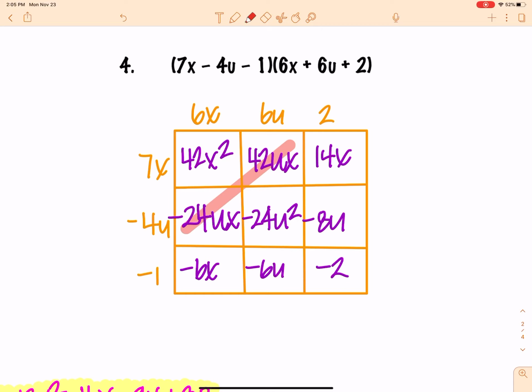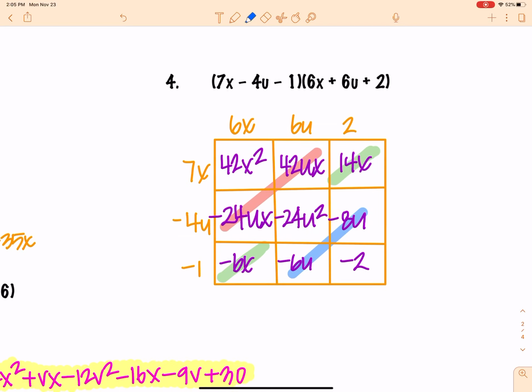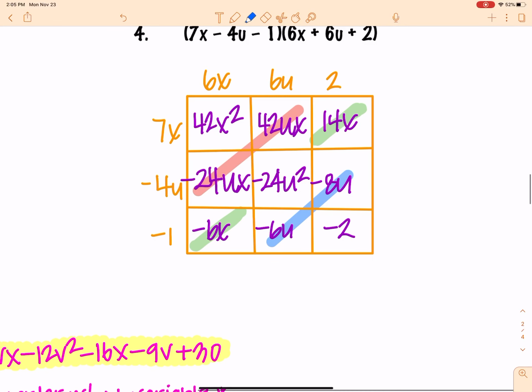Now let's see if there's anything on the second diagonal. We have negative 6x and 14x. Okay, so those can be combined in our head. And then lastly, we have negative 6u and negative 8u. All right, so let's write down everything. I'm going to start at the very top left, so 42x squared.